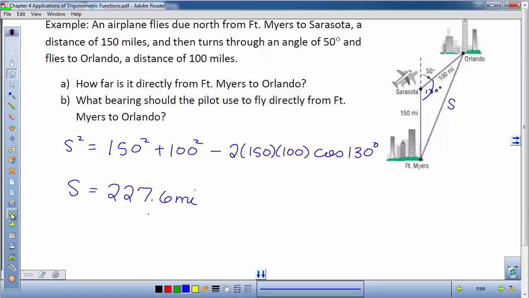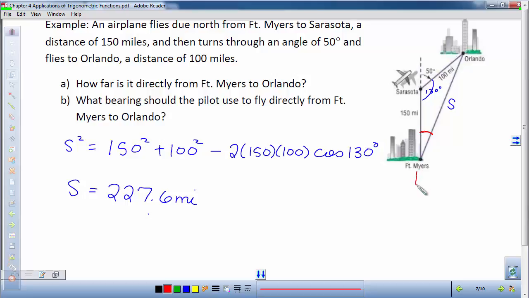So what we need to do, I thought that was too easy. So yeah, we need to find this part. We need to find this angle, right? So how could I find that angle? Using the law of sines, right?